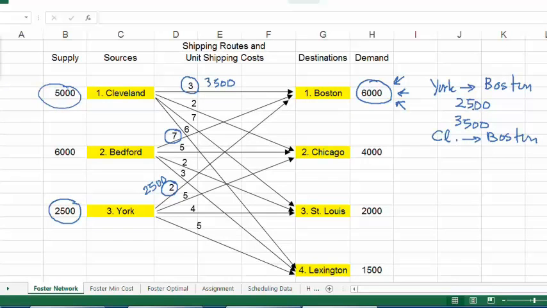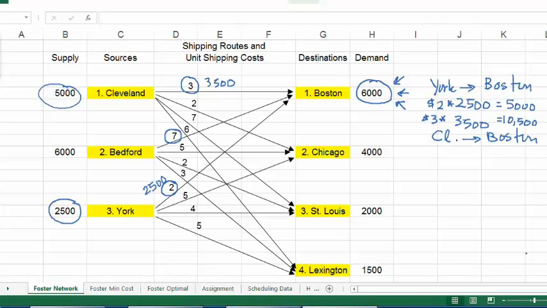And how much would that cost? The 2,500 going this way costs $2 each, so $2 times 2,500 is 5,000. Then Cleveland to Boston costs $3 each, so 3 times 3,500 is 10,500.